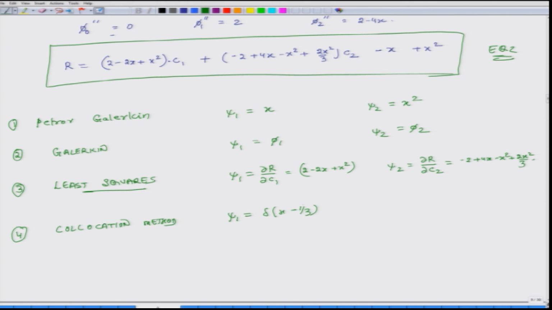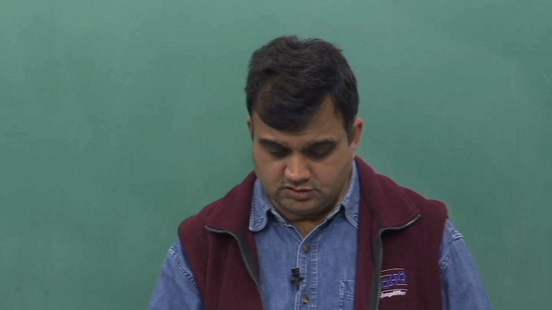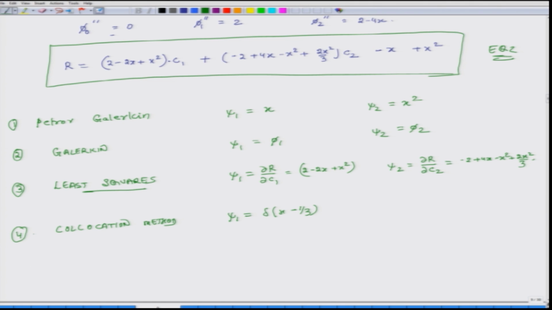So, I am just picking up these locations. If it is a 2-term solution, I have to make sure that the residue goes to 0 at 2 points. I have made that choice, it is not some special mathematics. I am picking the first point x equals 1 by 3 and the second location x equals 2 by 3.